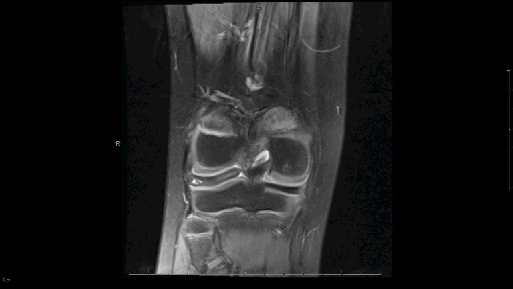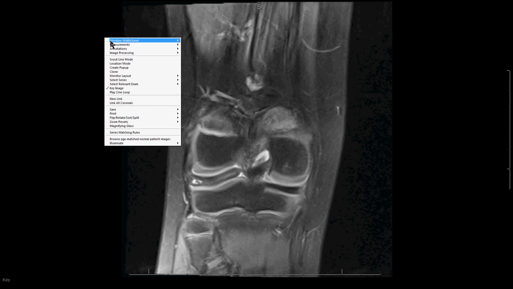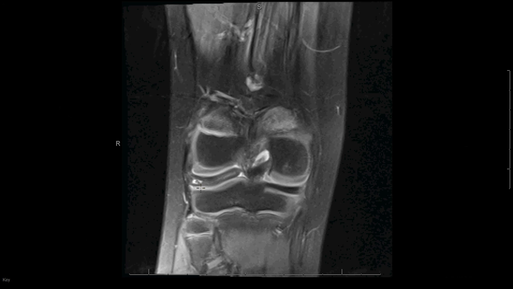Using our rule of measurement again, if we measure horizontally in the coronal plane across this meniscus, we should expect it to measure no more than 1.2 to 1.4 centimeters. And look, this is 2.5 centimeters. So this is proof positive that this is a discoid meniscus.